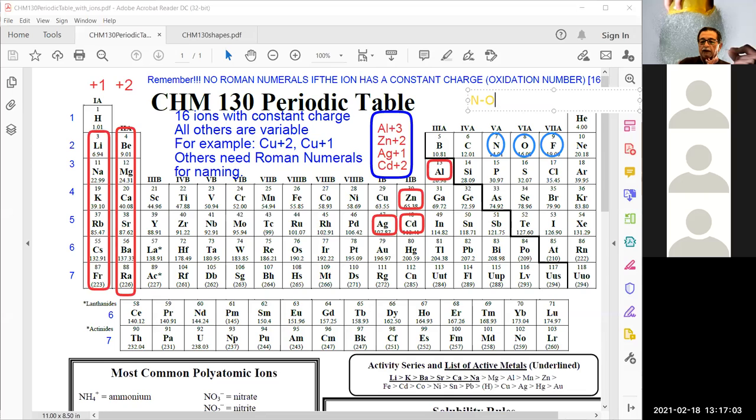The fact that oxygen is greater in electronegativity means that oxygen is going to pull those electrons, and those electrons are represented by that hyphen. That hyphen represents a bond. What a bond is, is two electrons being shared between the nitrogen and the oxygen. But we have unequal sharing. Why? Because the oxygen has a higher electronegativity than nitrogen.